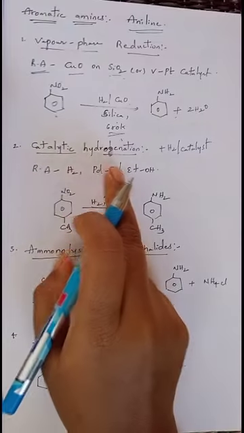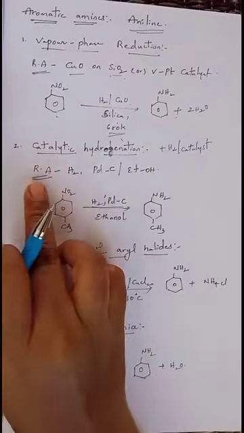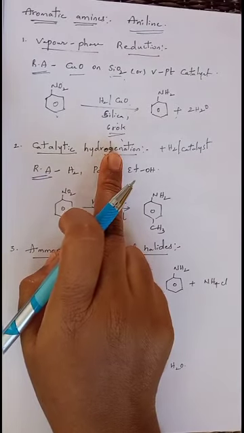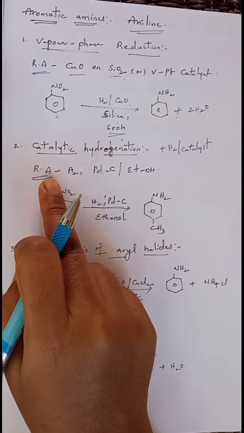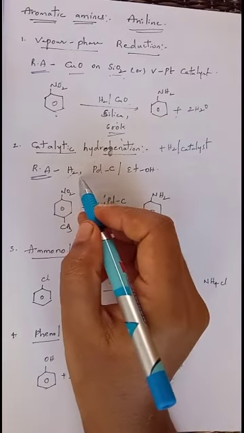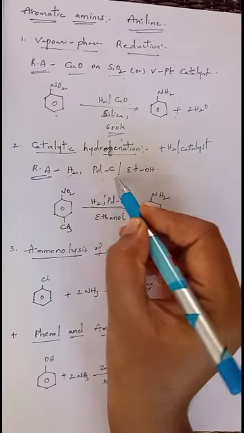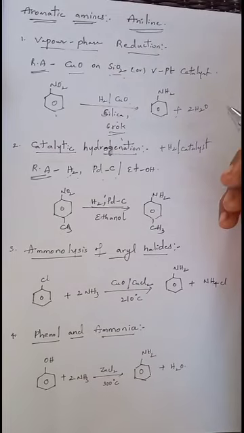Catalytic hydrogenation can also be done in presence of a reducing agent. Even here we are adding hydrogen, so we can consider it a reduction. For that purpose we can use different types of reducing agent, such as hydrogen in the presence of a metal, or palladium on carbon in ethanol.